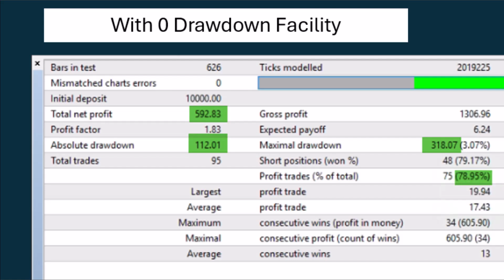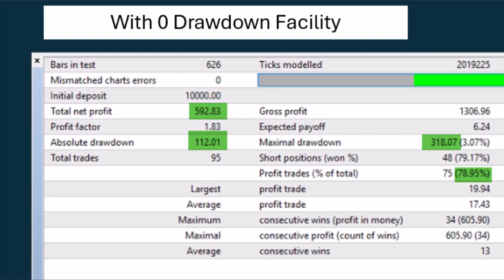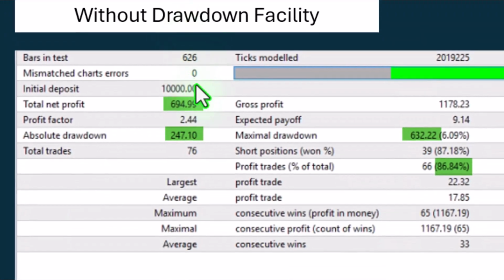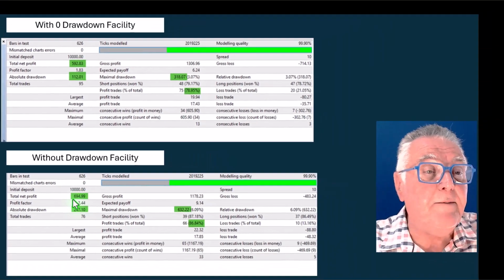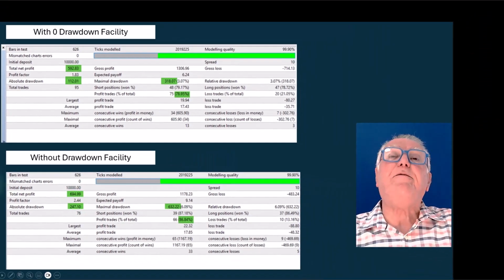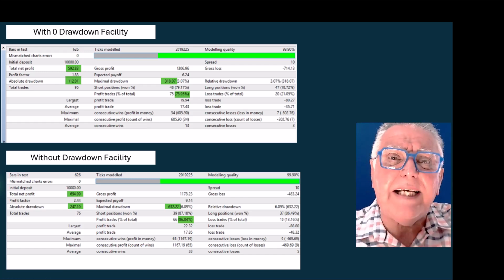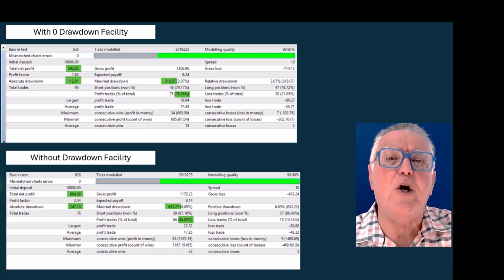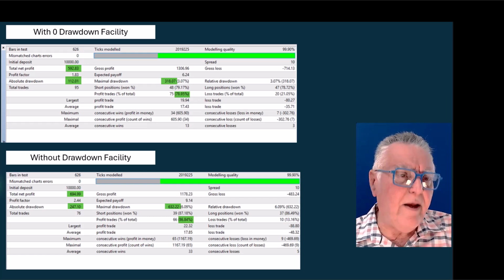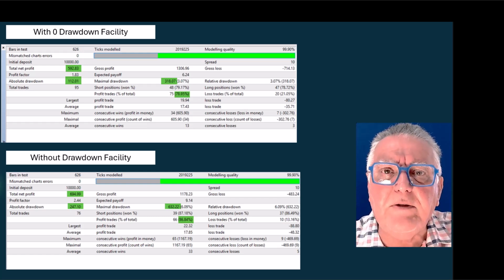So now, if we didn't use this zero drawdown facility, what would the results look like? And here they are. And they, in fact, are a lot better. They're almost $100 better, $694. You must say, you're crazy. Why are you using the zero drawdown facility if this is giving you better results?